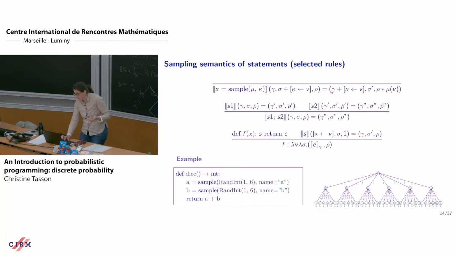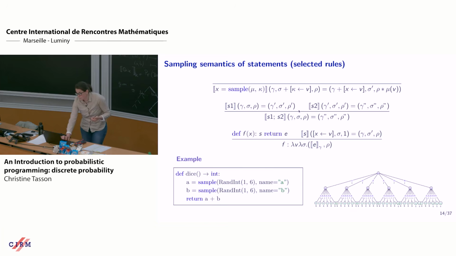So now x will take the value v. My new environment is gamma, where I have added the association between x and v. Sigma prime is just sigma, where I get rid of this key because I have consumed it, and I update my probability by multiplying by the probability that mu outputs v. Okay.